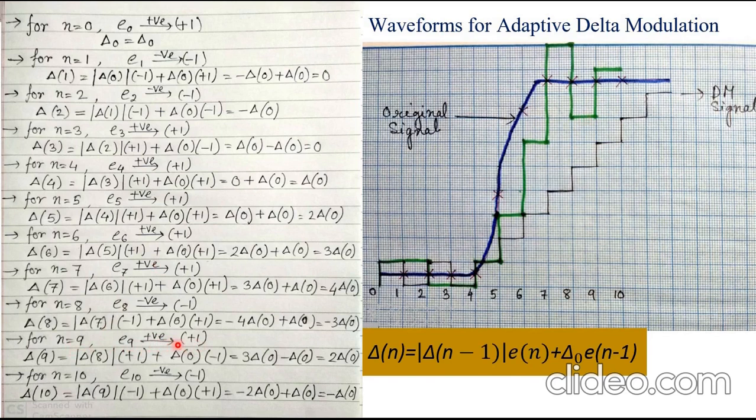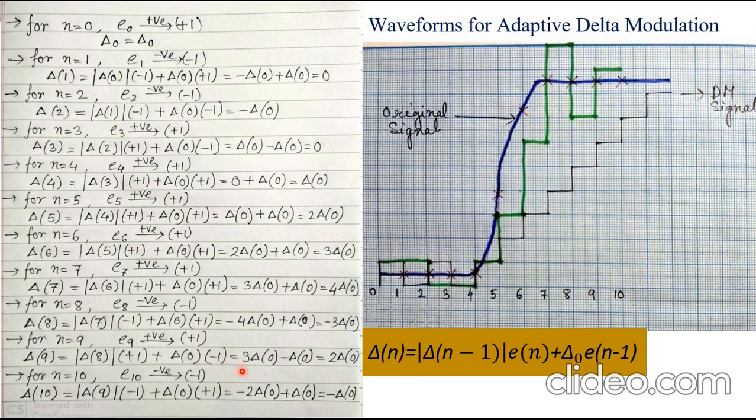That is positive error, so send +1. So delta 9 is mod of delta 8 into current error, that is +1, plus delta 0 into previous error, that is -1.